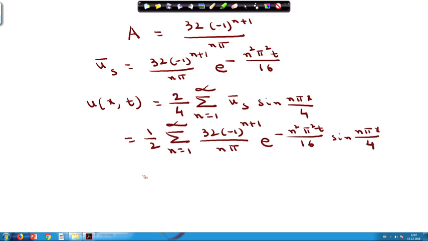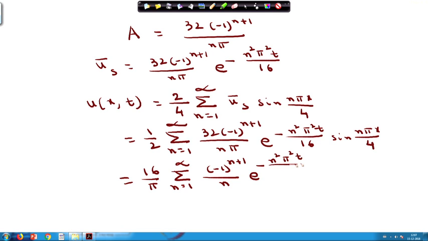So, this 32 you can simplify: 16 by pi summation n equals 1 to infinity minus 1 to the power n plus 1 divided by n, e power minus n square pi square t by 16 into sin of n pi x divided by 4.